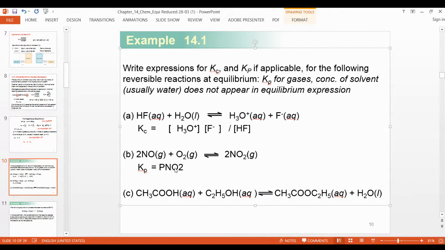Actually, this NO2 should be down, but this computer is not working. I don't know why. Ah, it's coming now. And this coefficient 2, you have to write, this 2 should go up like this.